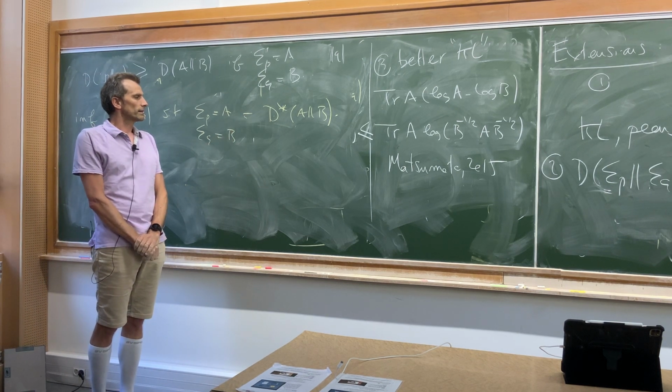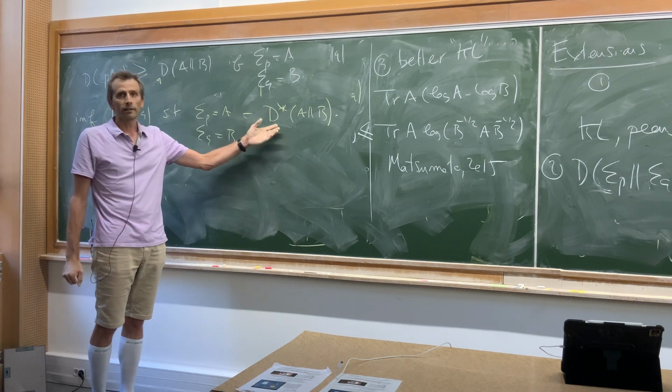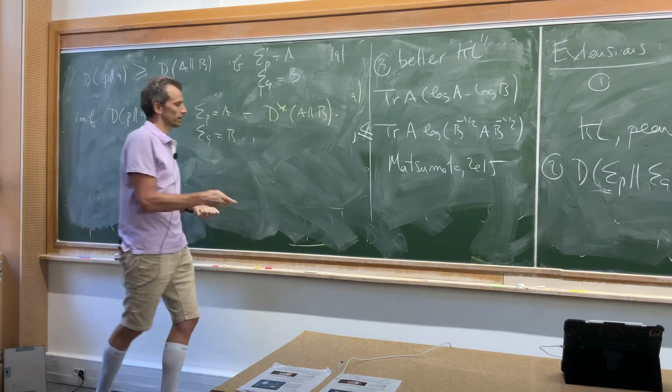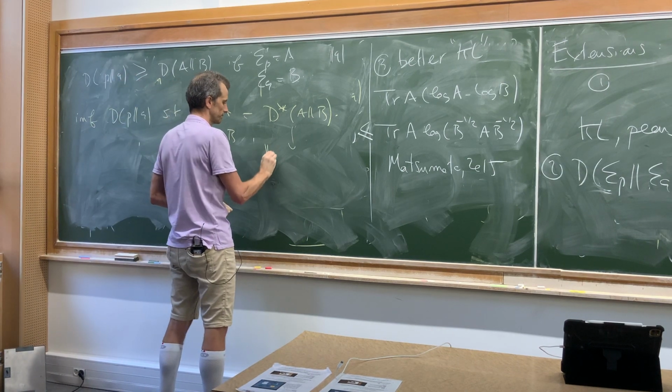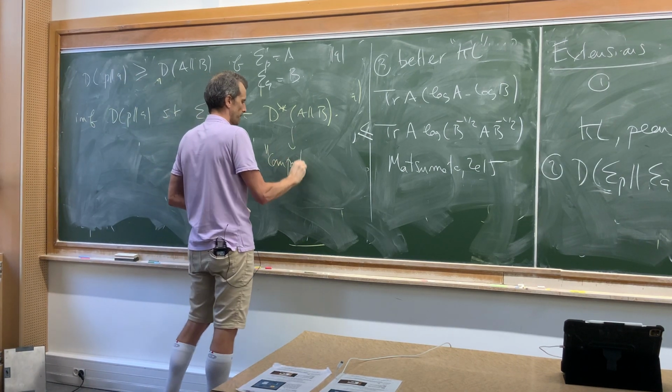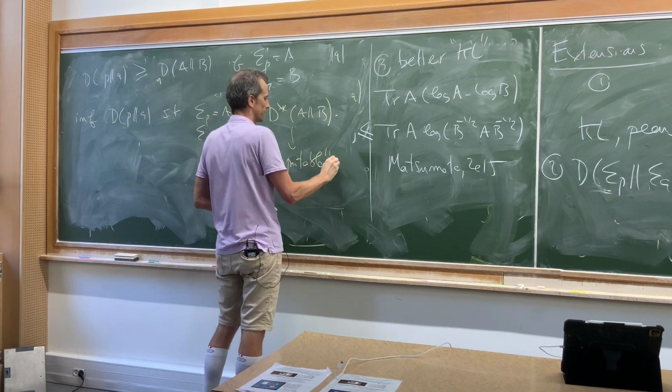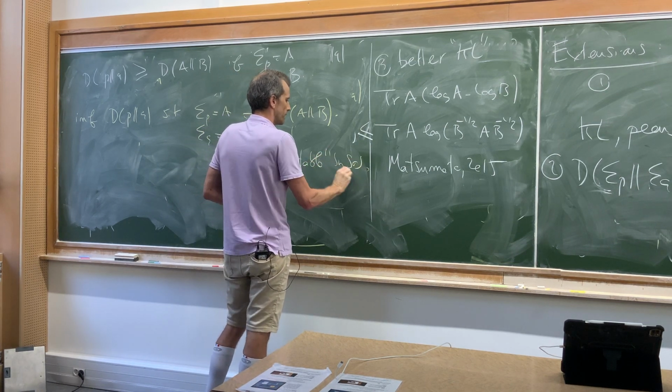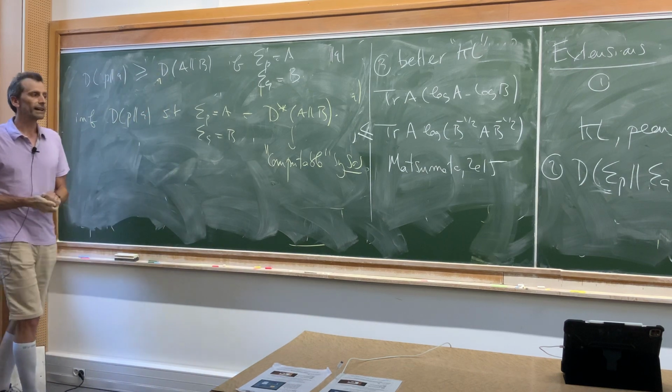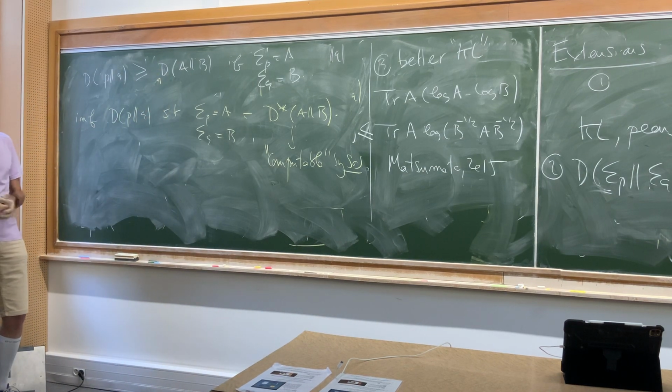And it turns out that you can compute this using sum of squares, computable by SOS. When I say this in quotes: if SOS is tight, it's tight, and if SOS is not tight, it's a relaxation.